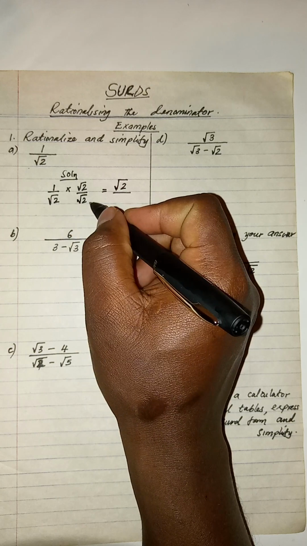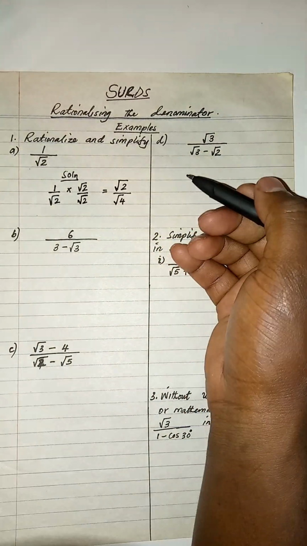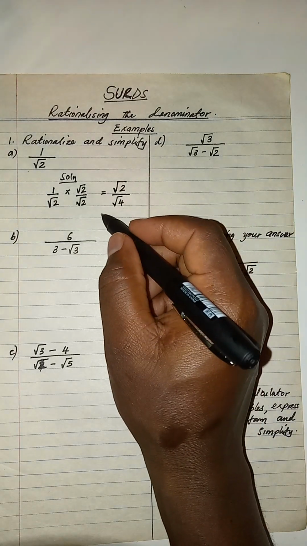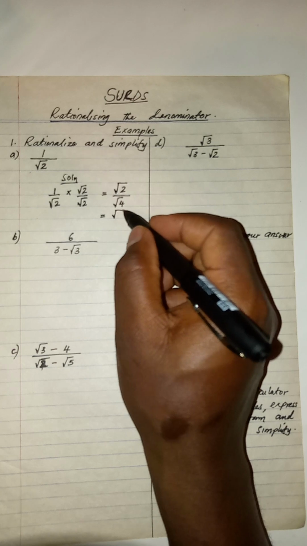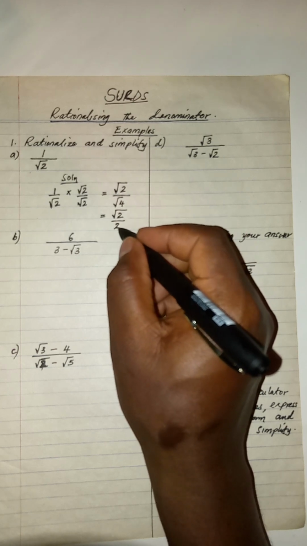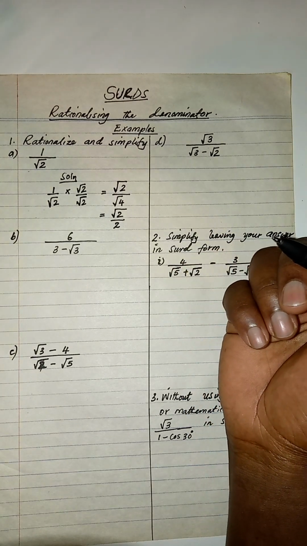So it is 2 times 2, which will be the square root of 4. So that gives us root 2 over the square root of 4, and the square root of 4 is 2. And we have rationalized and simplified that surd.